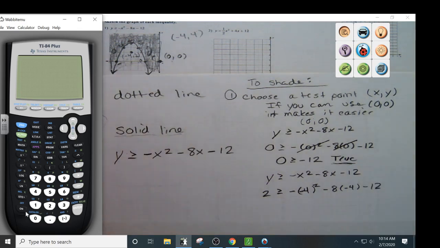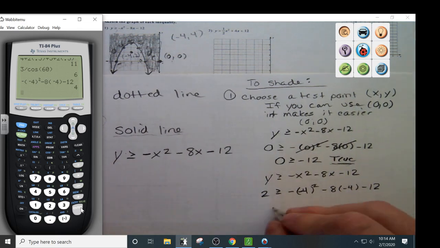Now, if I put that in my calculator, negative parentheses, negative 4 squared minus 8 times negative 4 minus 12. So I took my negative 4 and put it everywhere there's an x in my problem, okay? That gives me 4. So what I have is 2 greater than or equal to 4.